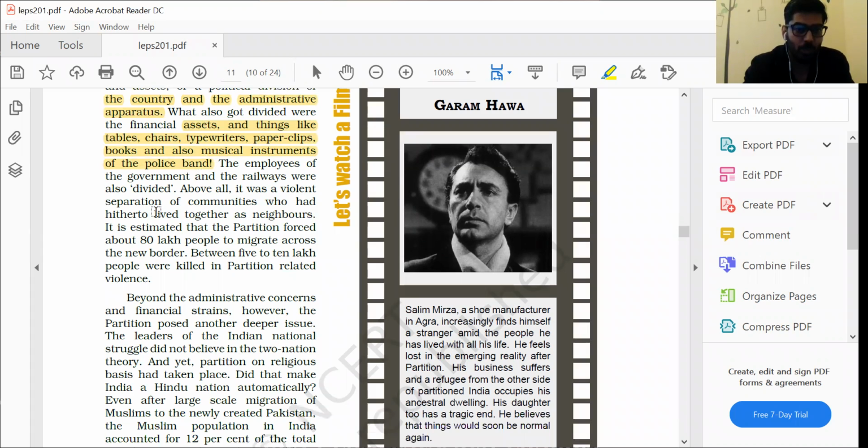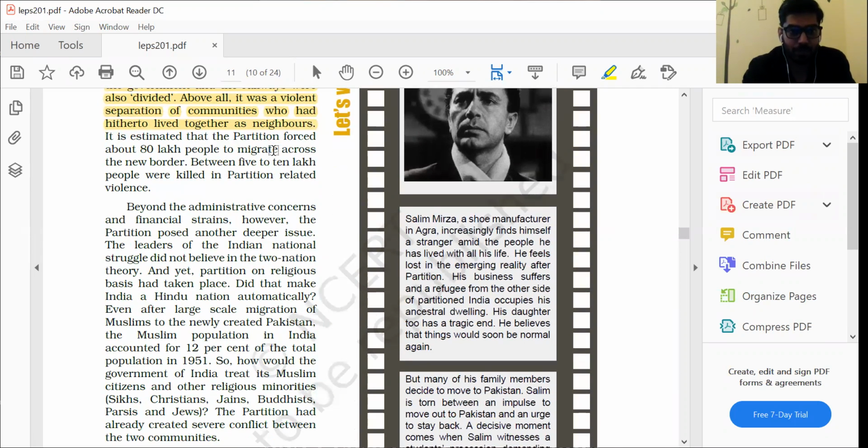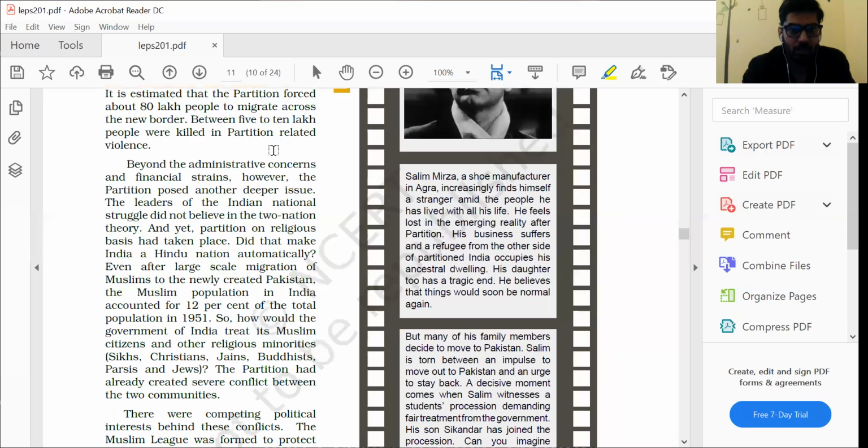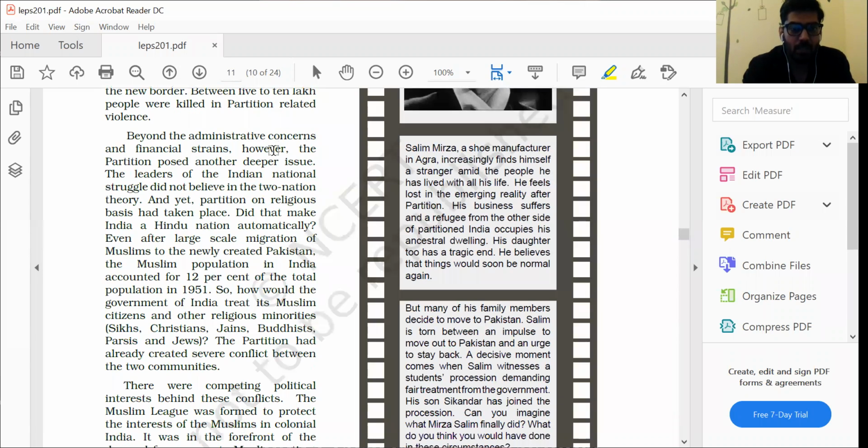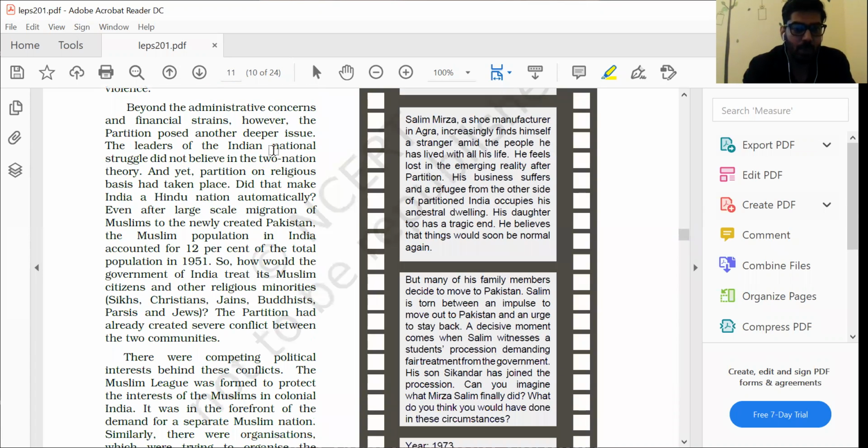Above all, it was a violent separation of countries who had, until this time, lived together as neighbors. Now this was a very bitter division that was happening. Now, beyond the administrative concern and financial strain, however, the partition posed another deeper issue.